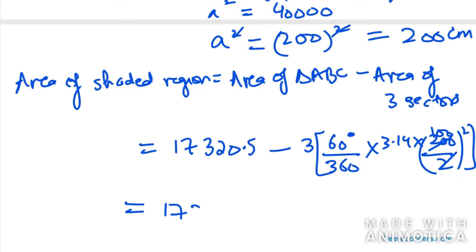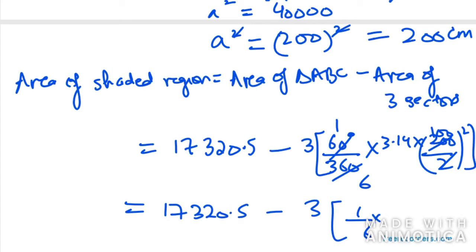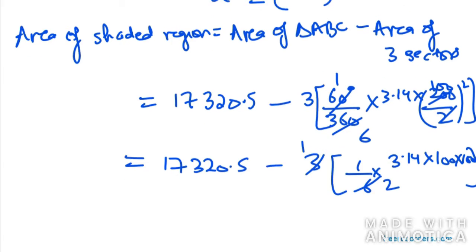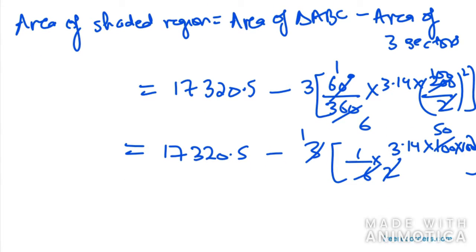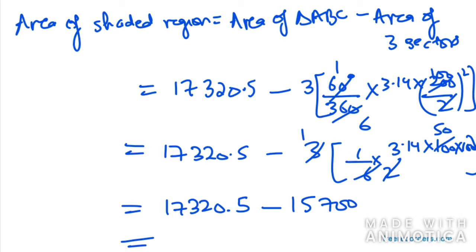Let's solve this part. 1 by 6 into 3.14, 100 into 100. So cut down 3 and 6 with 3. So it will be 50 here. 17,320.5. Take away 15,700. So the final answer for this is 1620.5 centimeters square.